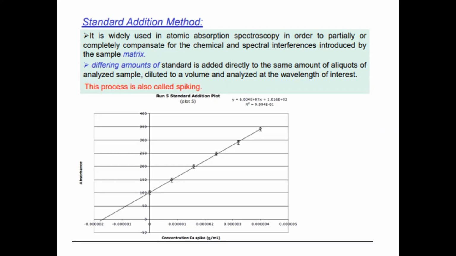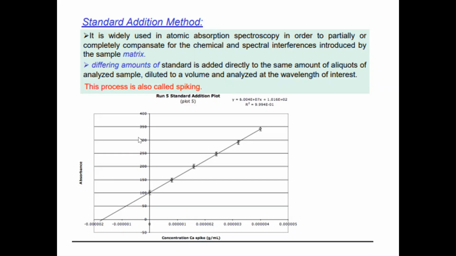So normally you prepare standards, right? You prepare standards and say this is 0 and so forth. Then you give a blank, okay? But the soil sample itself is going to give an absorbance due to whatever the matrix has, lead itself.